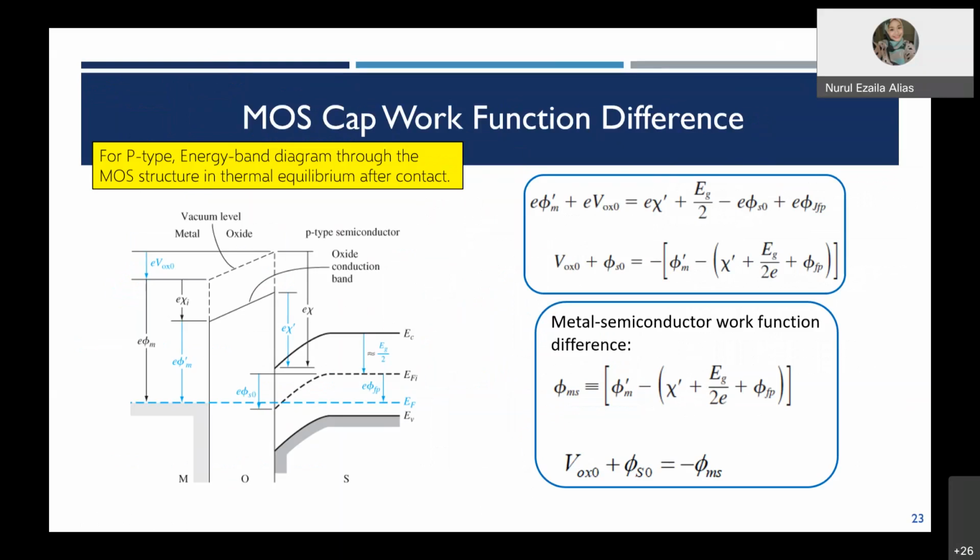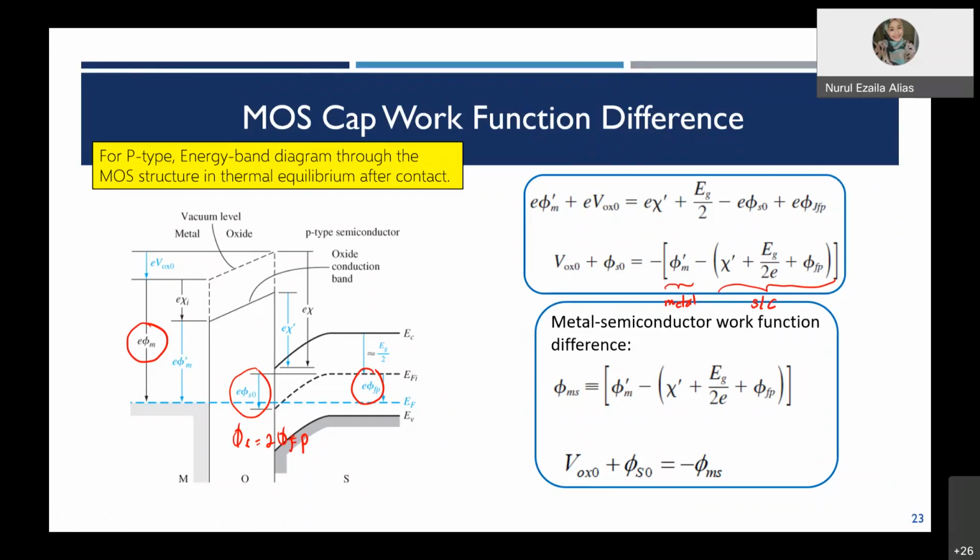So now I introduce to you the metal to semiconductor work function. This is the metal, and then the semiconductor has phi fp. You know that phi fs is equal to phi fp during inversion. If we look at the derivation over here, the Vox, the voltage at the oxide, plus phi s equals the difference in work function between the metal and the semiconductor.